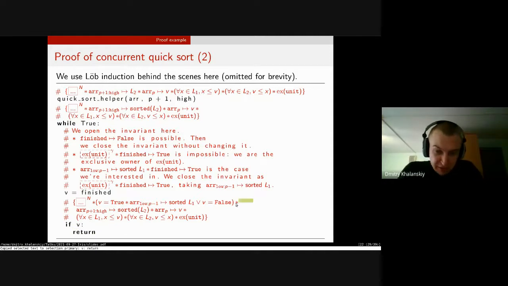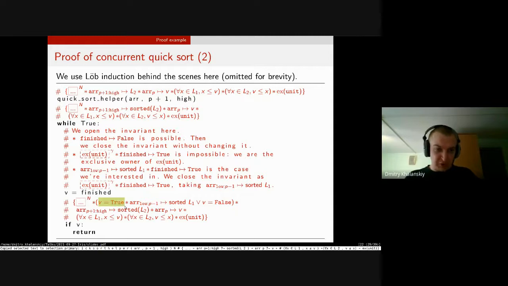Why can we do that? Because by case analysis, we can prove this statement. Either the read value was false, in which case we loop back, in which case we have to provide all these resources, which luckily we have.